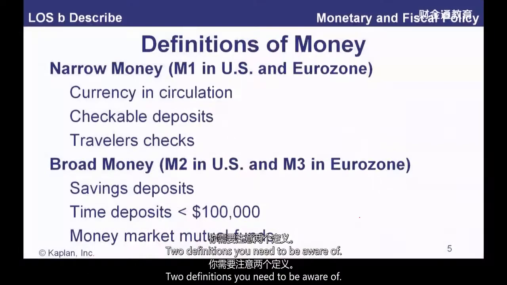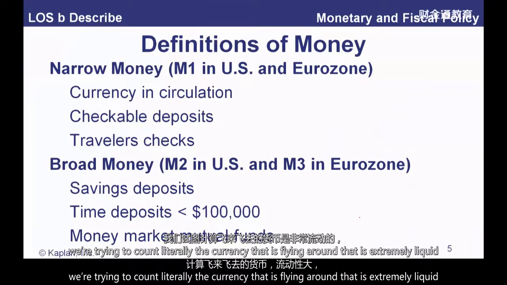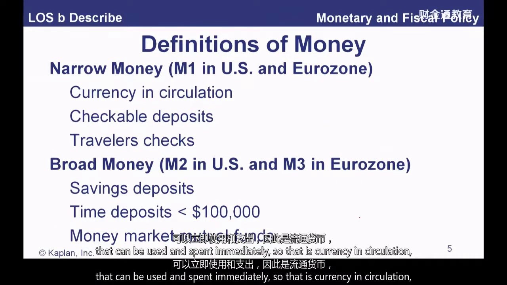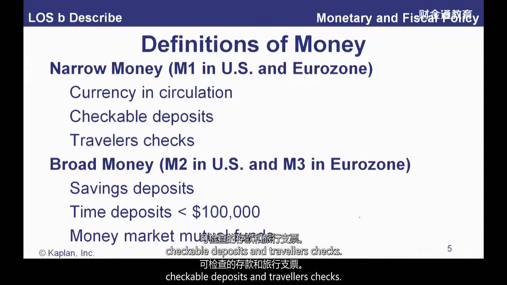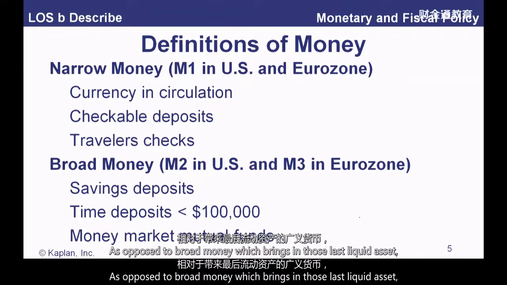Two definitions you need to be aware of: narrow and broad. The idea of narrow money, we're trying to count just literally the currency that's flying around, that's extremely liquid, that can be used to spend immediately. So that's currency in circulation, checkable deposits and travelers checks, known as M1 in the US and Eurozone, as opposed to broad money, which brings in those less liquid assets.